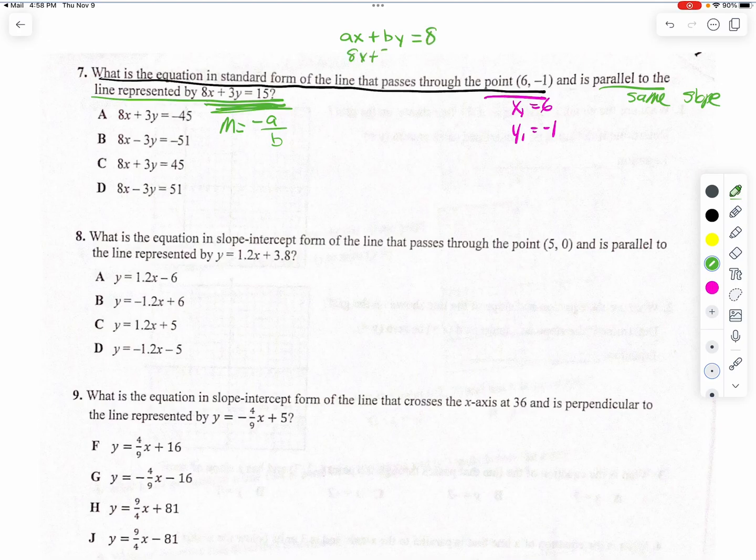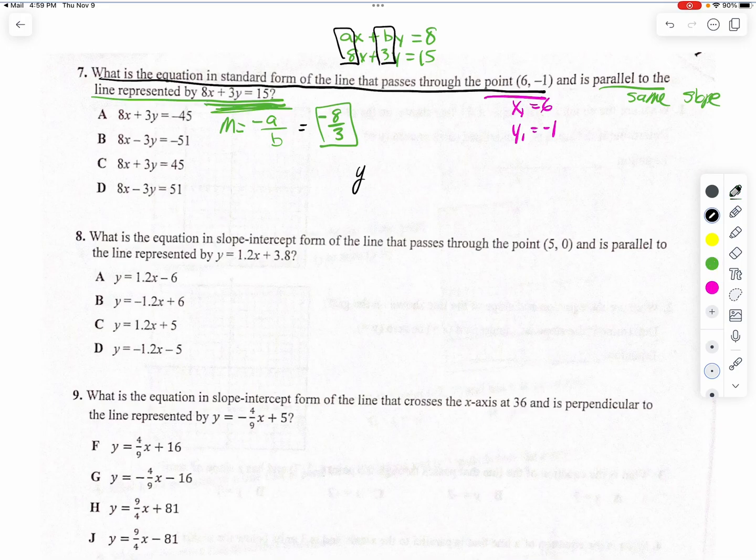So that's 8x plus 3y equals 15. So here, a is 8, b is 3. So that is -8 divided by 3. Since the future line is parallel to this equation, it will also have a slope of -8 over 3. We got our slope.